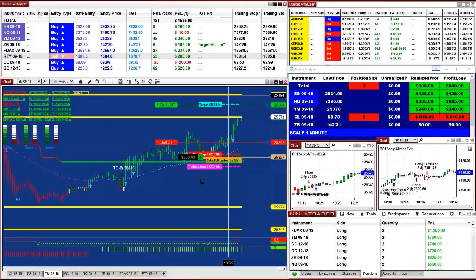I cannot get the mouse to the chart, so just give it a second. Right now in that trade on the market analyzer, we have 177 ticks in profit based on the last signal. We have not like yesterday.